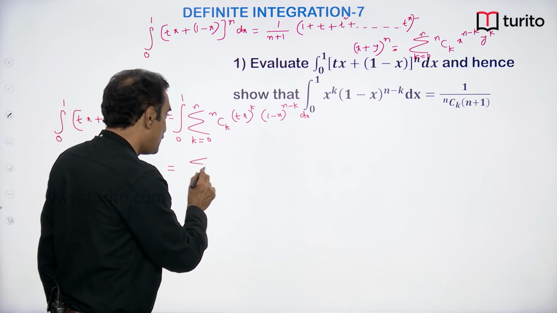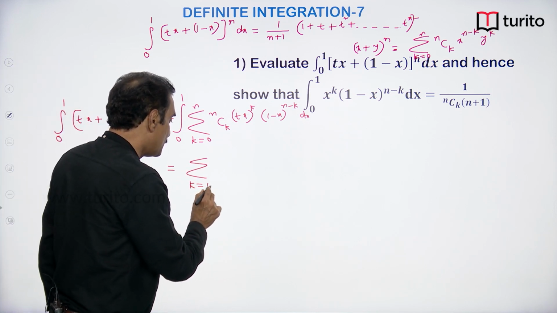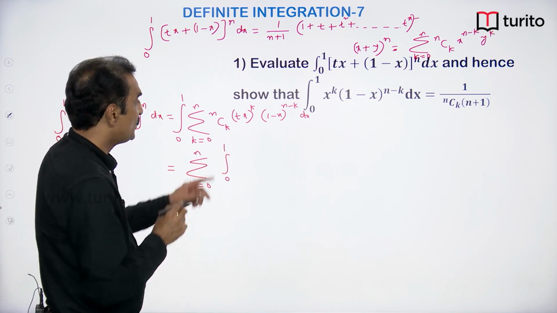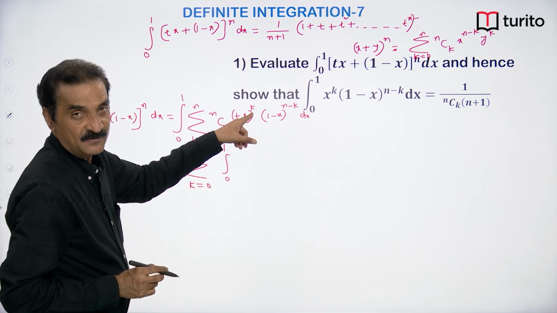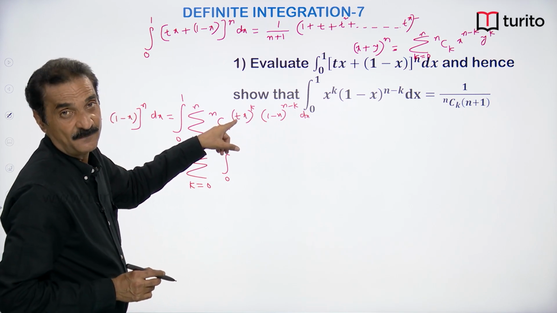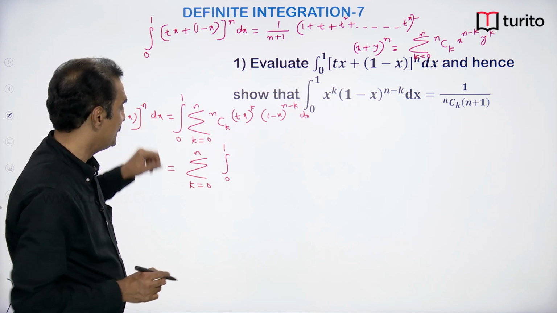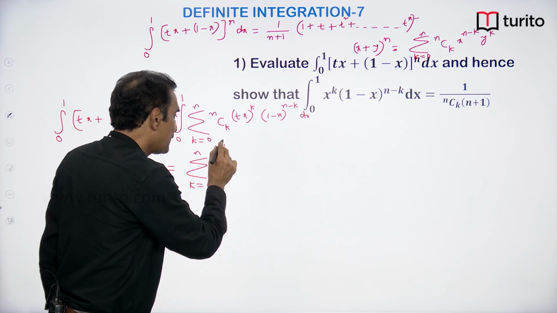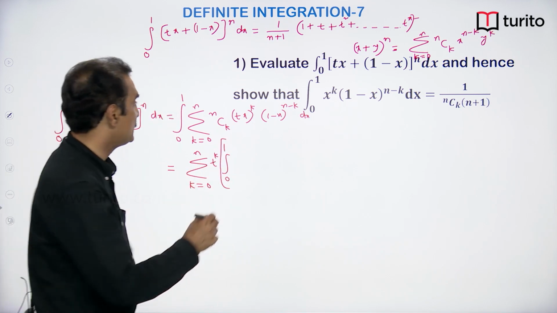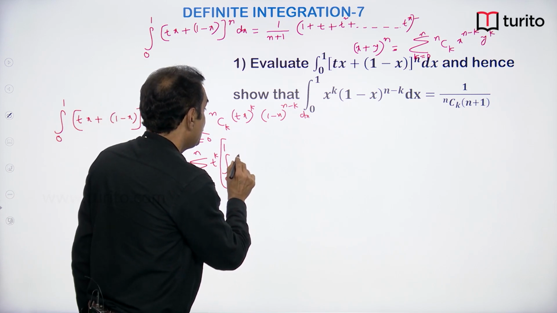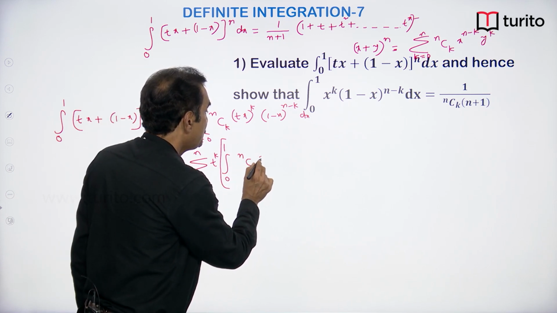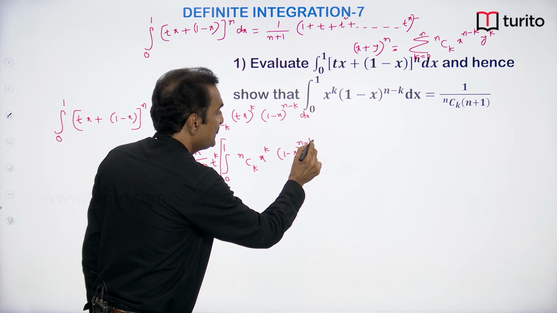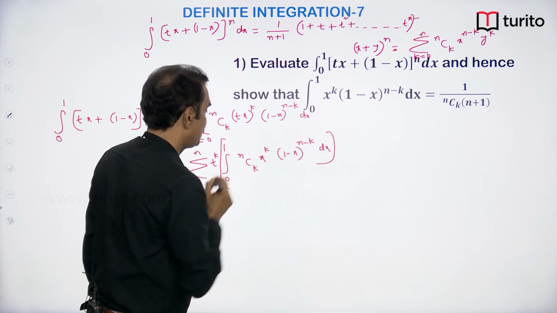Also, since we are integrating with respect to x and t is independent of x, we can take out t and write t power k here, t power k into the integral from 0 to 1 of nCk into x power k into (1 - x) whole power n minus k dx.